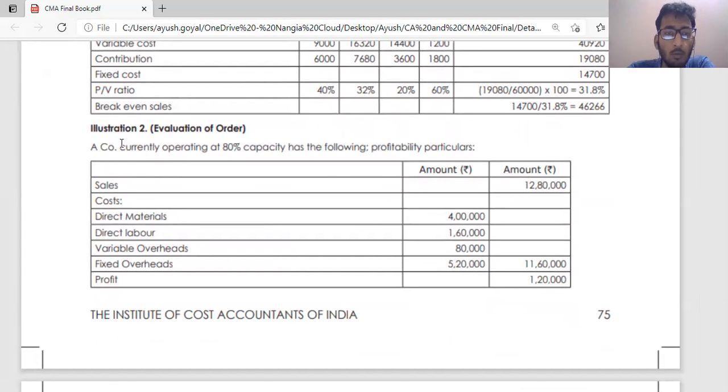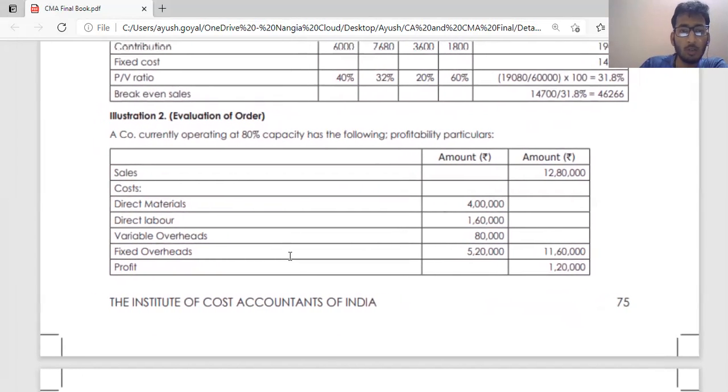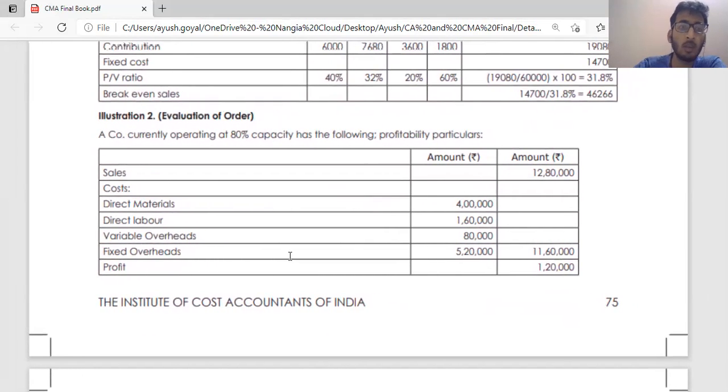So, evaluation of order. I hope you are able to see it clearly. Illustration number 2, evaluation of order. A company currently operating at 80% of the capacity has the following profitability particulars.